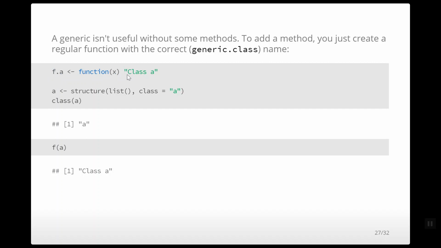All it's going to do is return the character string "class A". Now I'm going to create an object called A, a blank list where the class is equal to A. So what is the class of A? It's A.